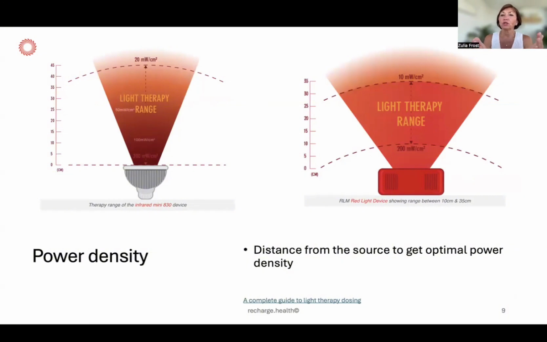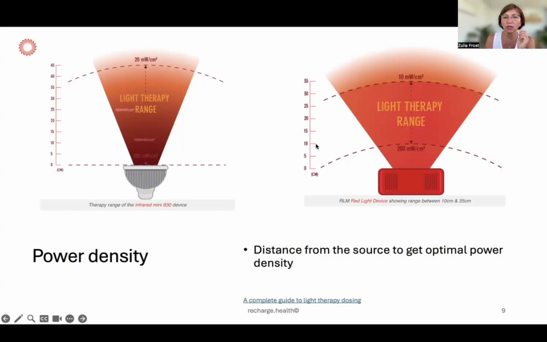So if you come close to the LED, whether it's a laser or LED, you have much more saturated, yes, 200 milliwatts per centimeter square. And here, if you come closer, because the beam is narrower, you can see 200 is at a lot closer level.